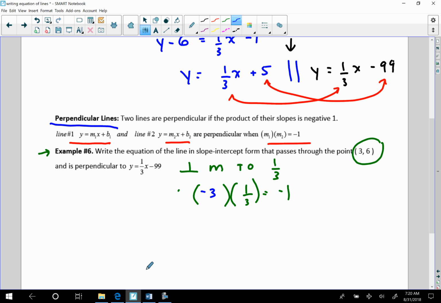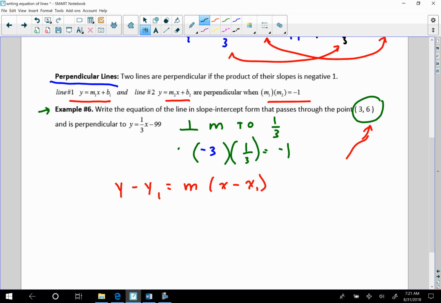This is my perpendicular slope, -3. This is the slope, and what am I going to do? Again, I'm going to start with point slope form. I'm going to put my point in, and I'm going to put my new slope of -3 in.